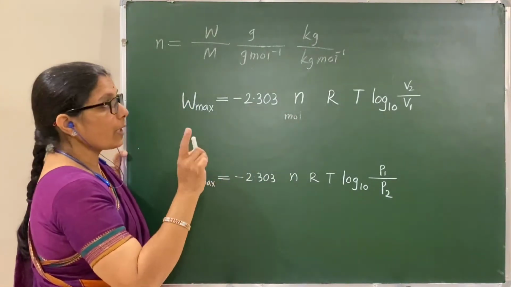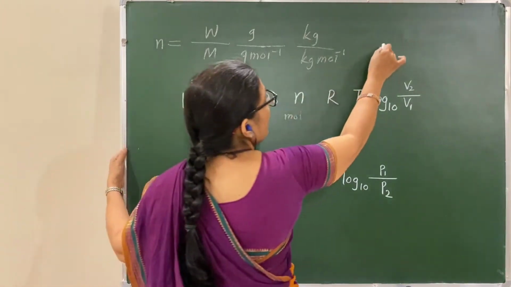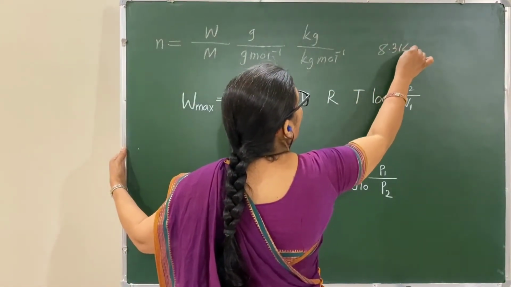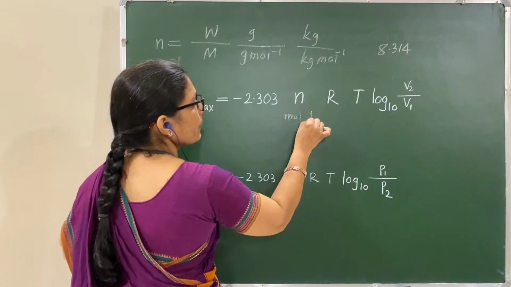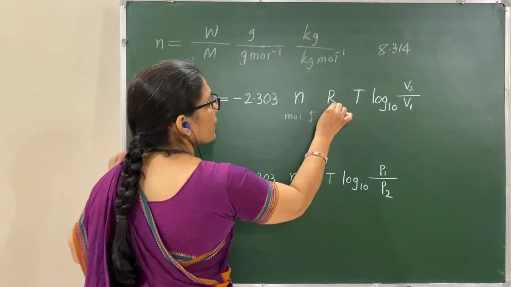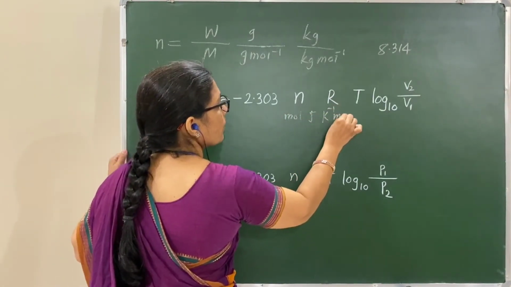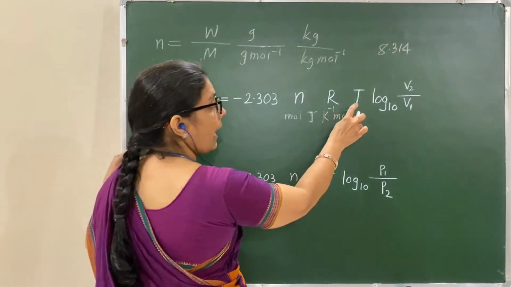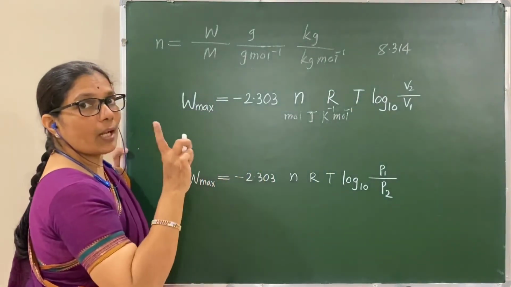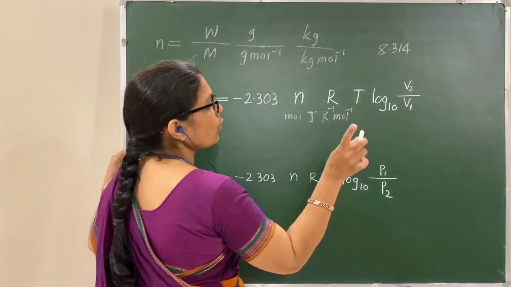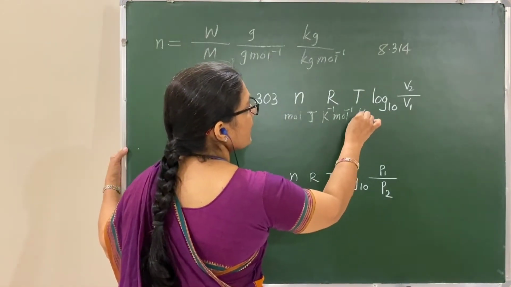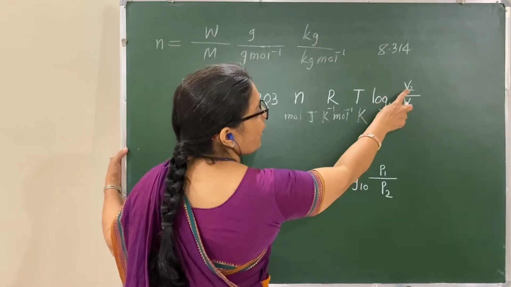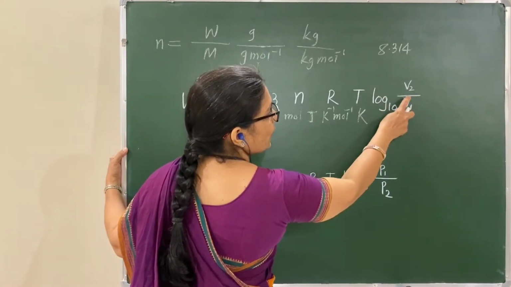Next, the value of R given in the exam is 8.314 joule per Kelvin per mole. And the temperature, take always in Kelvin. Any numerical from chemistry, always in Kelvin. Now volume: here it is a ratio.